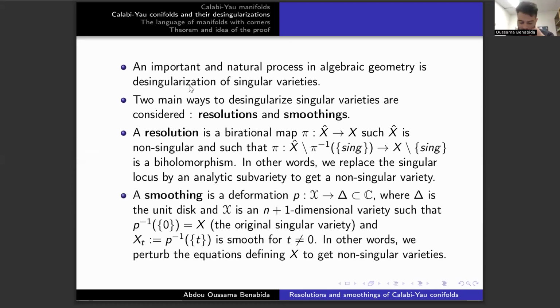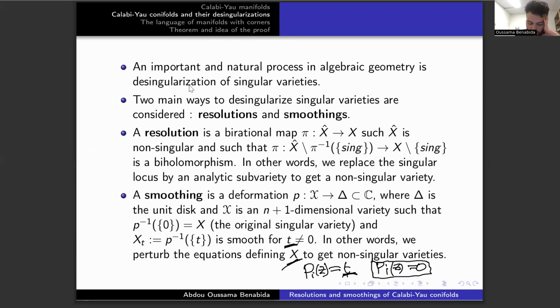And the second way is by smoothing. This is a different way. This means that we look at our singular variety X. It is defined by certain polynomials P_i(z), and we perturb the polynomials by a certain t. So something like, not necessarily like this, but something like P_i(z) equals t, such that the resulting fibers for t different from 0 are non-singular, are smooth.